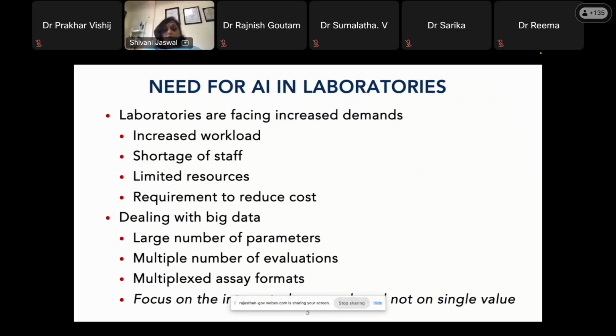There are large number of parameters, multiple number of evaluations, multiplexed assay formats. So there's a huge data. And the focus nowadays has also shifted to an integrated report rather than on a single value or a single number. So these AI or machine learning tools, these computational approaches, they add value to our reports. So our reports will get a meaning or value rather than just numbers.